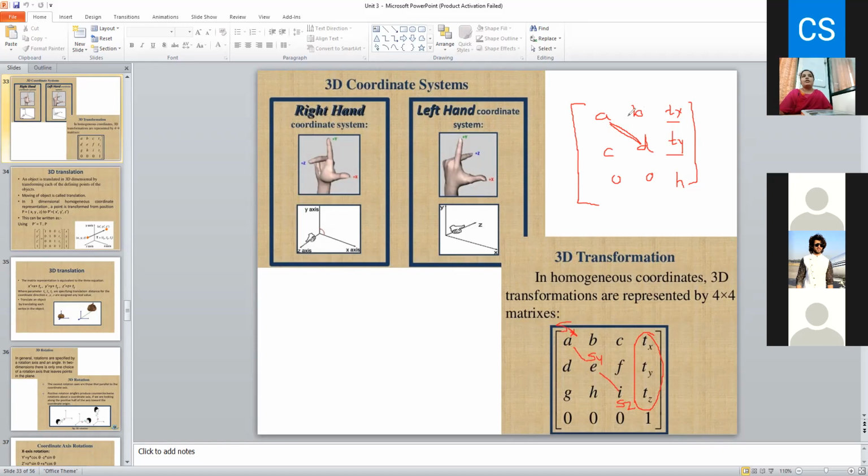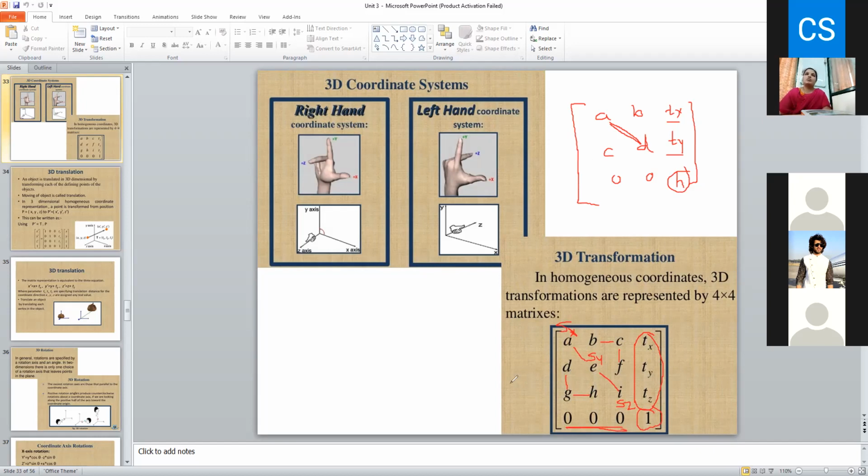And the off-diagonal elements B and C are responsible for shearing. Similarly here also, these off-diagonal elements B, C, F and D, G, H are responsible for the shearing effect. Okay, all of you are getting this, and this is nothing but your overall scaling factor H. This is always 0 because these are used in the case of projection.